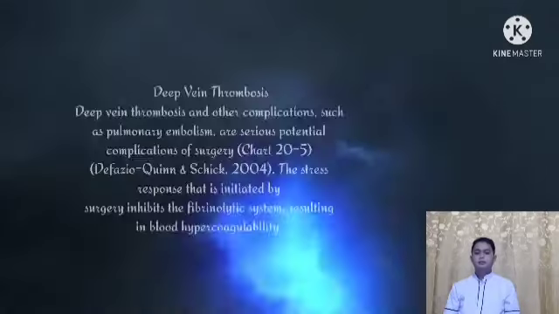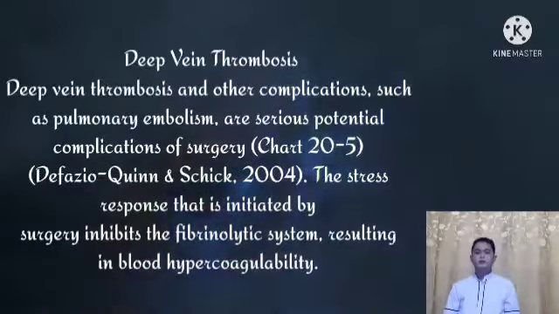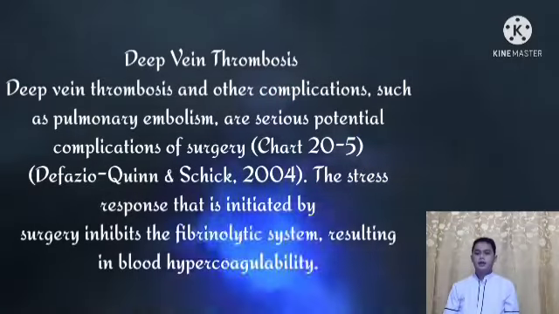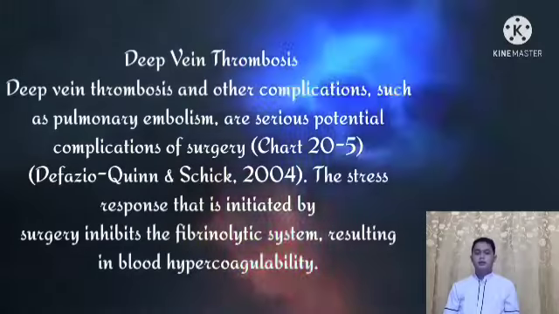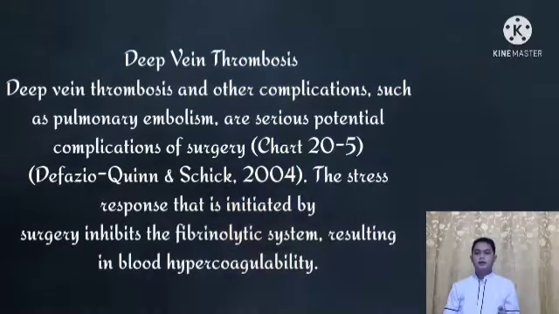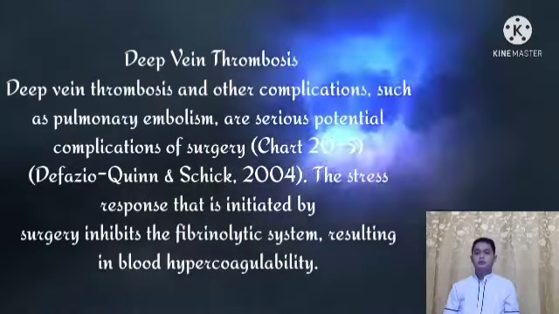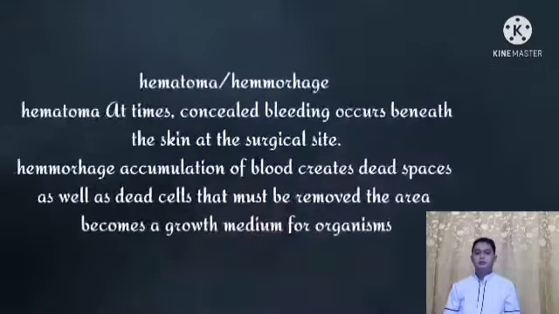Next is deep vein thrombosis, a medical condition that occurs when a blood clot forms in our vein. This blood clot usually develops in our lower leg, thigh, or pelvis. The main cause is maybe damage to a vein from surgery, or inflammation due to infection or injury.